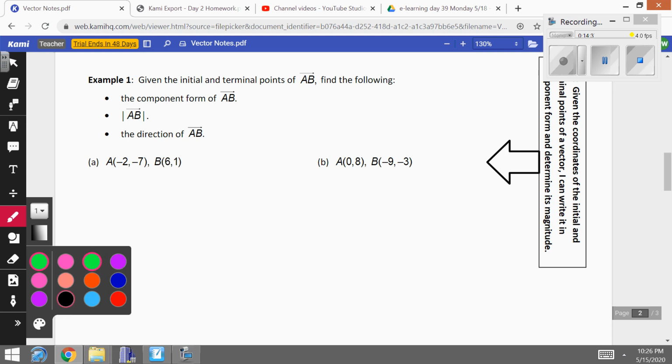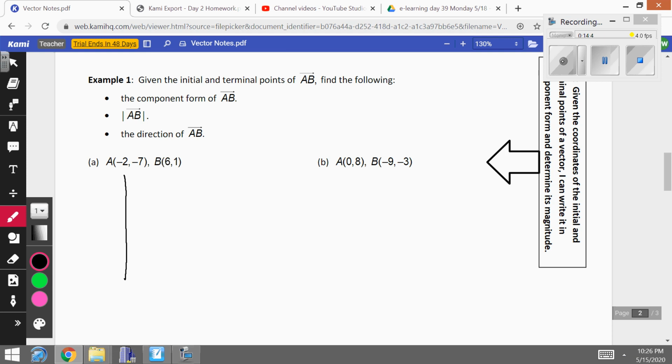One thing that I like to do on this, and you actually won't have to do this once you get good at it, but if you ever get stuck, draw yourself a picture. It doesn't even have to be a nice picture. The first one, maybe I'll do a nice picture. So that's -2, down 1, 2, 3, 4, 5, 6, 7.